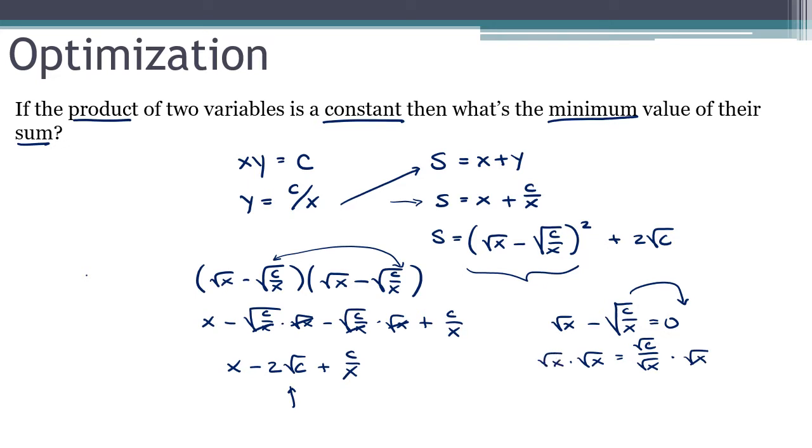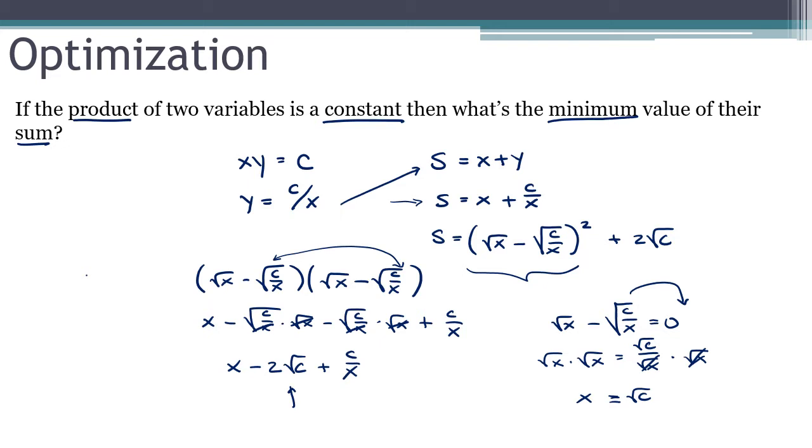The square root of x times the square root of x is just x, and this equals the square root of c. That is our optimum value: the sum is minimized when x equals the square root of c.